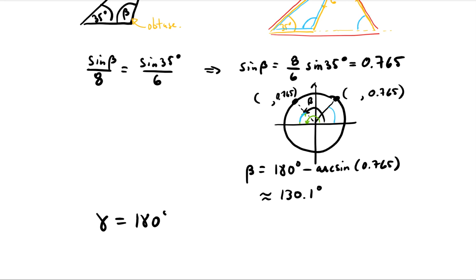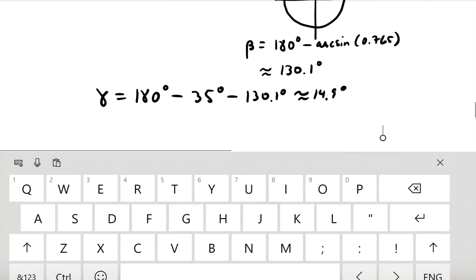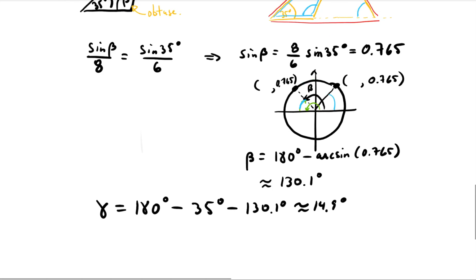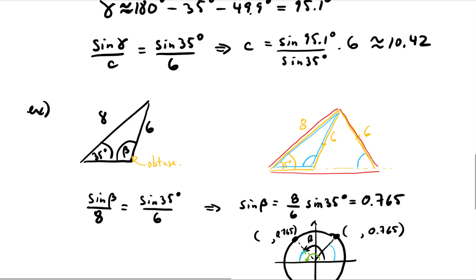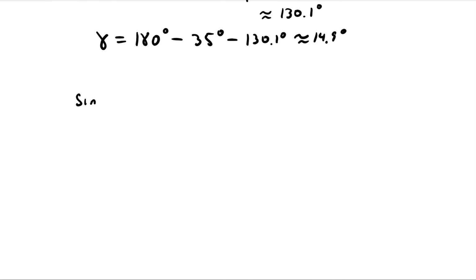Gamma will be 180 degrees minus 35 degrees minus the beta I just found. That's going to give me 49.9 degrees, this gamma being up here. And to find, let's call this C here, sine of gamma over C is in the same ratio as sine of 35 degrees over 6.